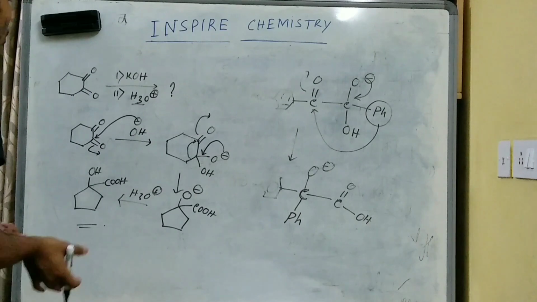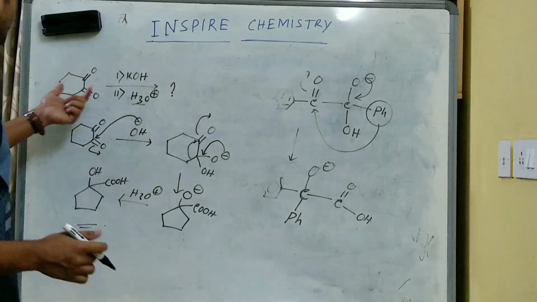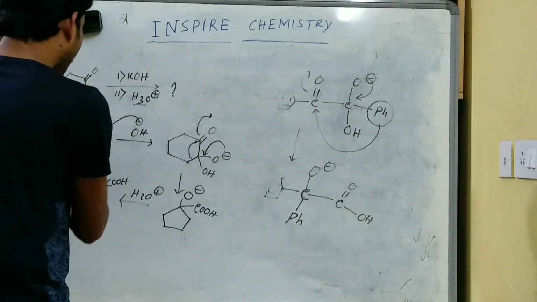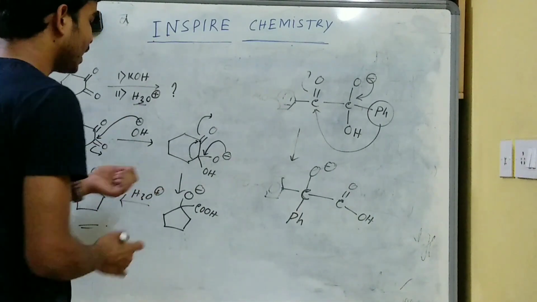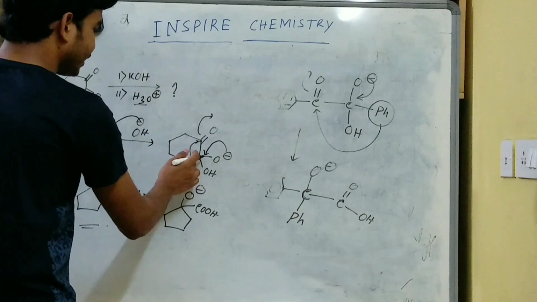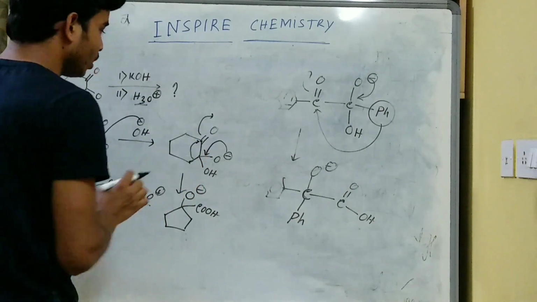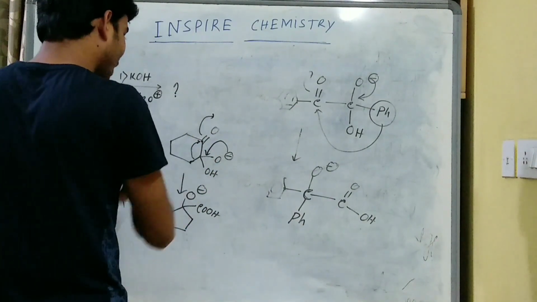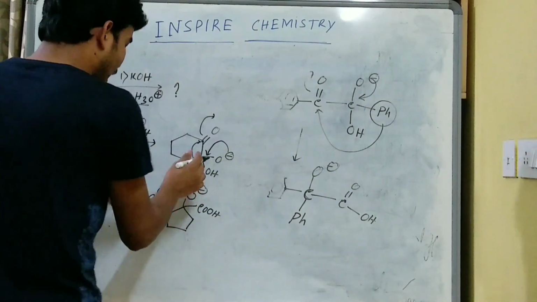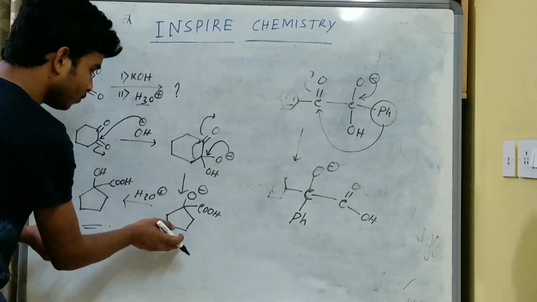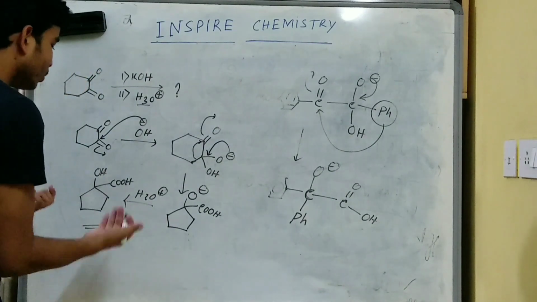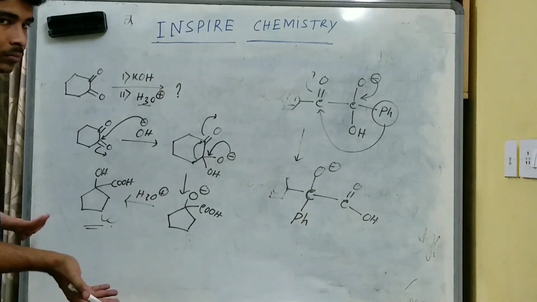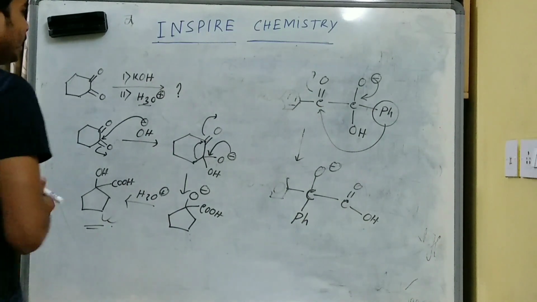This is the product. At first this type of diketone is attacked by OH minus. After that the double bond O will be released and this bond will migrate to the carbonyl carbon center, and the released oxygen gets back to its position. After that this type of intermediate will form, and when we use H3O plus it will be protonated and this hydroxy acid will form.